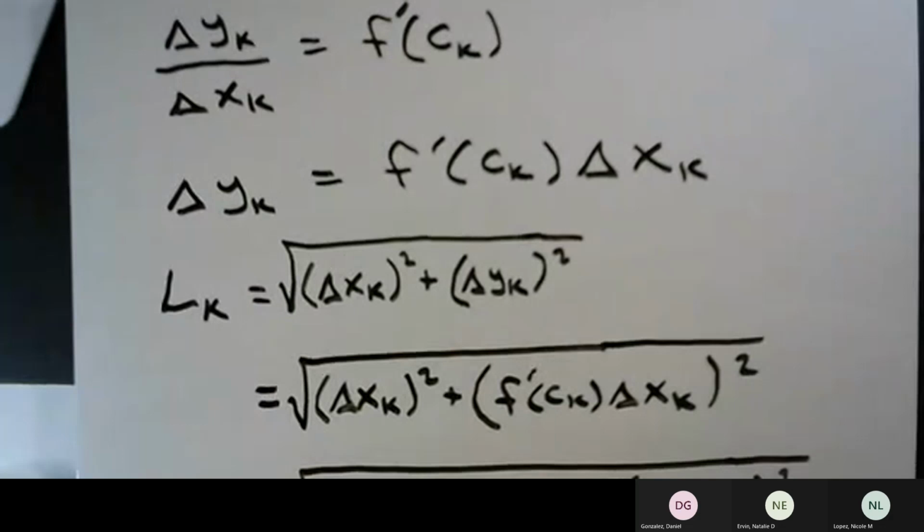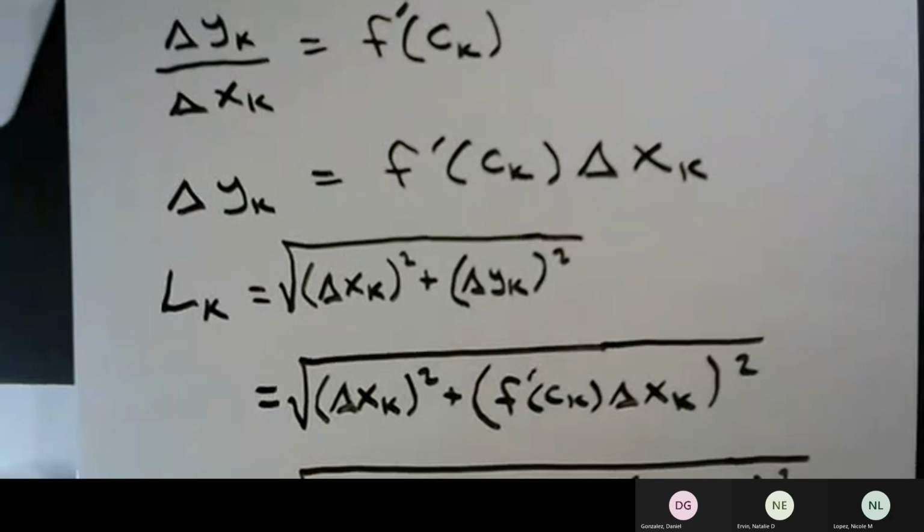So I'm going to kind of take a shortcut here. Again, we're going to use the mean value theorem. And what that lets us do is we can say delta yk, for some ck, we can rewrite it like that. We're going to make this substitution.